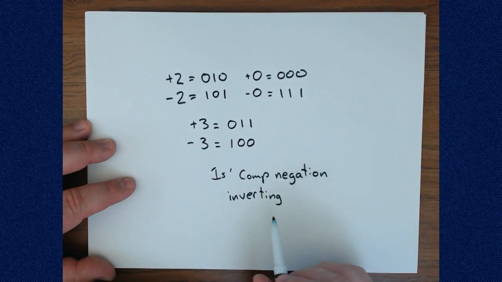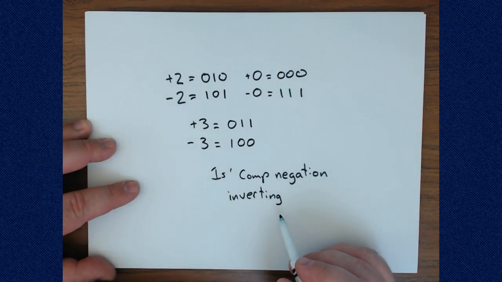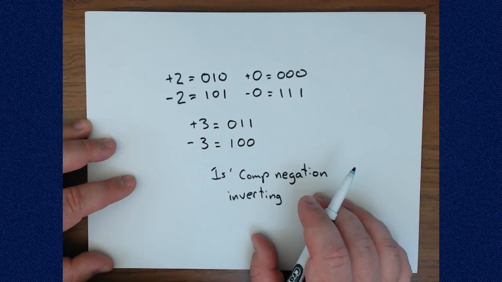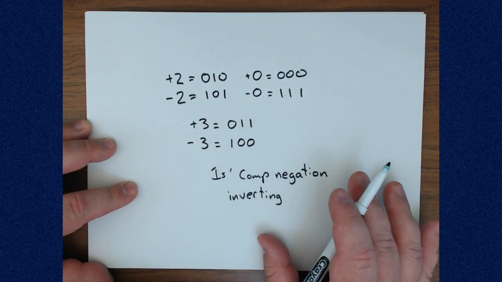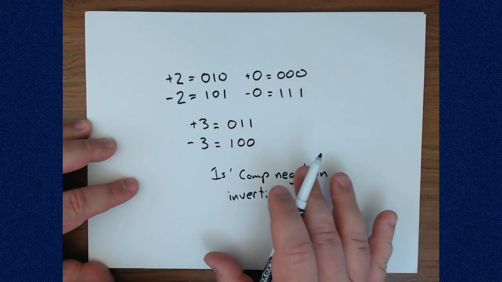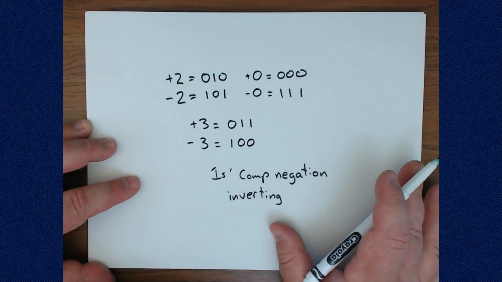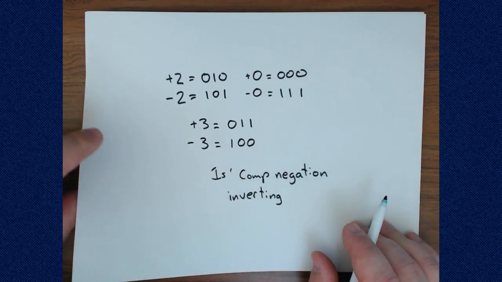So flipping all bits, 1's complement negation, or inverting a bit pattern, all of those are effectively the same thing. So 1's complement numbers are those represented such that inverting all the bits gets you the negative of the original. We go from x to negative x by inverting all the bits.